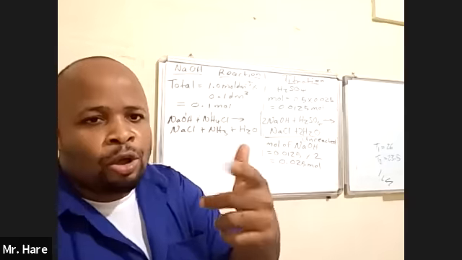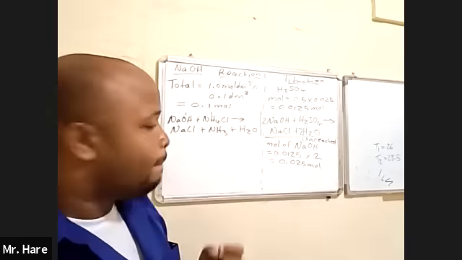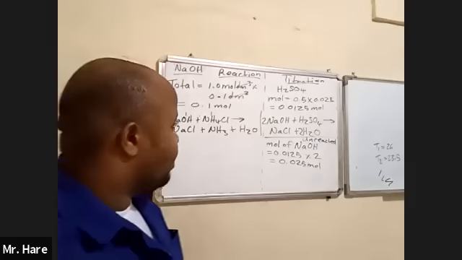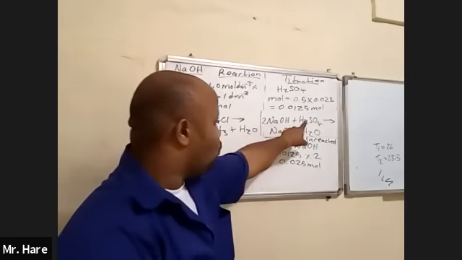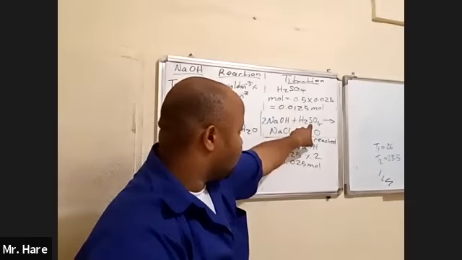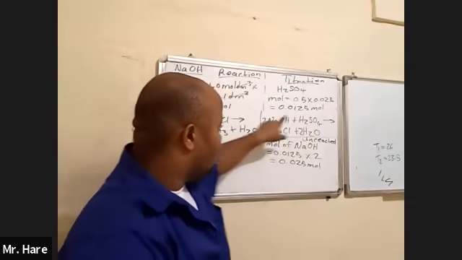Sir, I have a question. If you have 2 NaOH plus H2SO4, it's a 2 to 1 ratio. So that means you have 2 NaOH and 1 H2SO4. So why do we multiply and not divide? All right. The ratio says 2 to 1, right? But we know the mole of sulfuric acid, and we want the mole of NaOH.